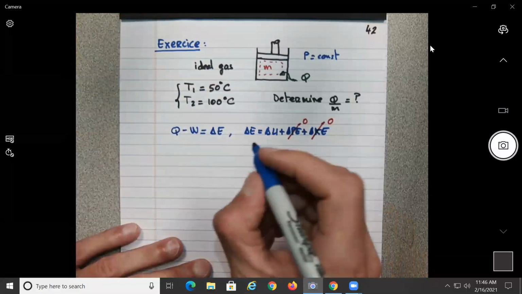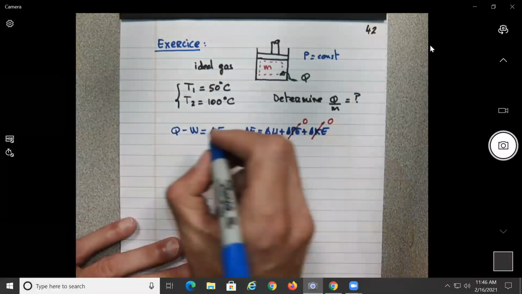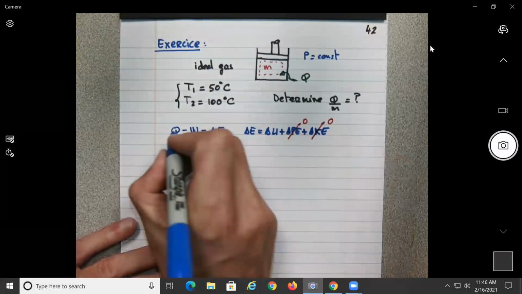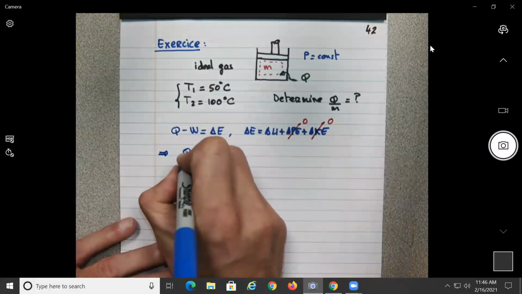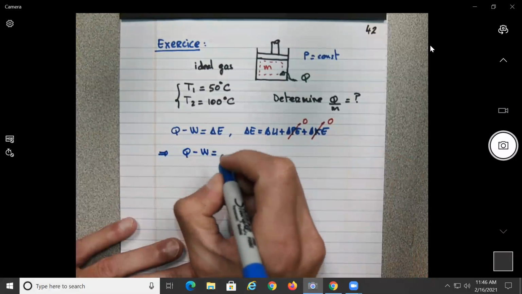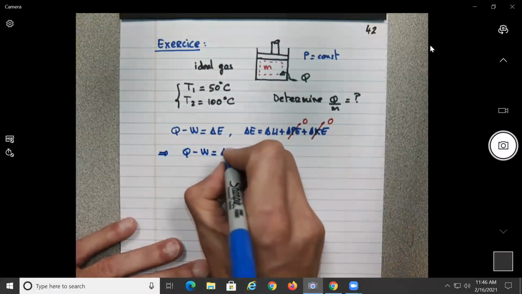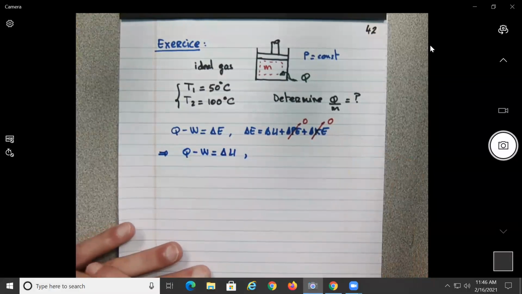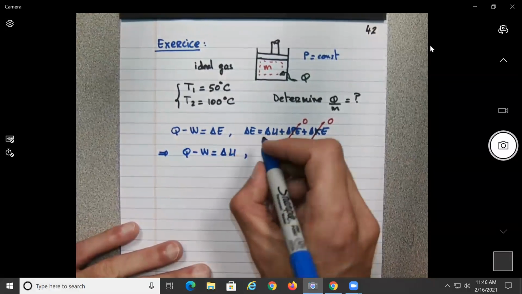So basically we have that Q minus work equal to change in internal energy. And what is the work?